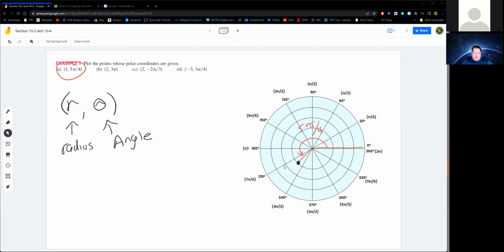If we're looking at point 2 and 3 pi, we're going to go out 2 and then 3 pi. So 2 pi is around once, and then I go 1 more pi. So I'm going to be right here.